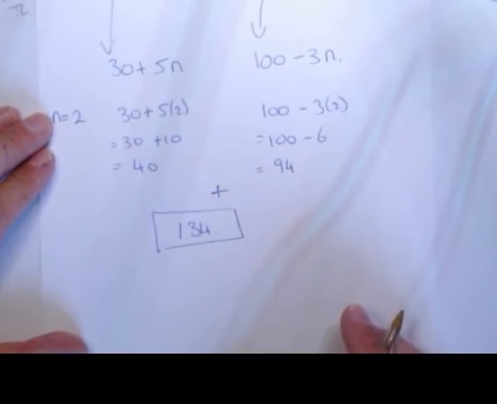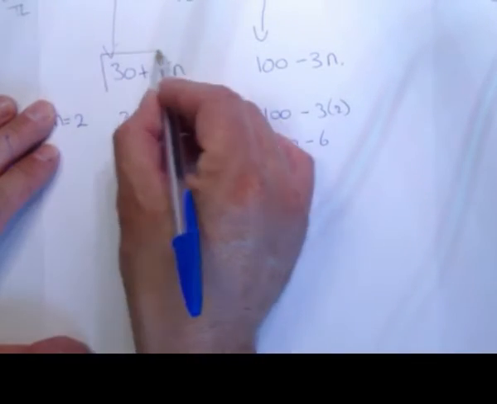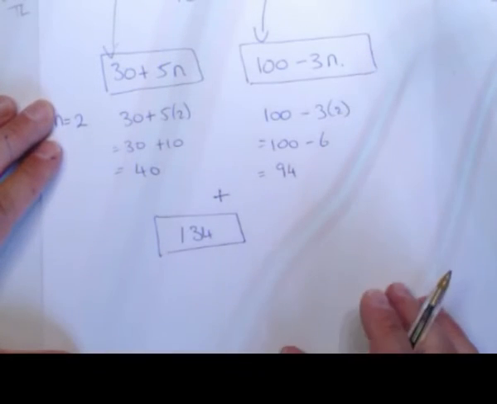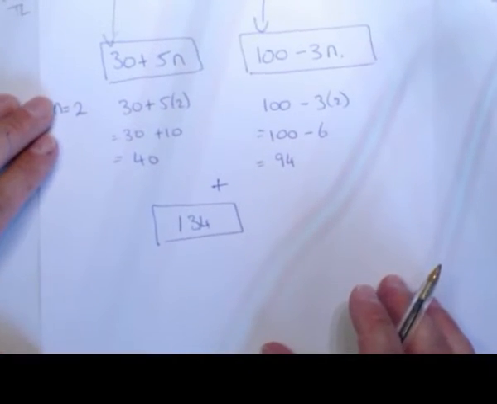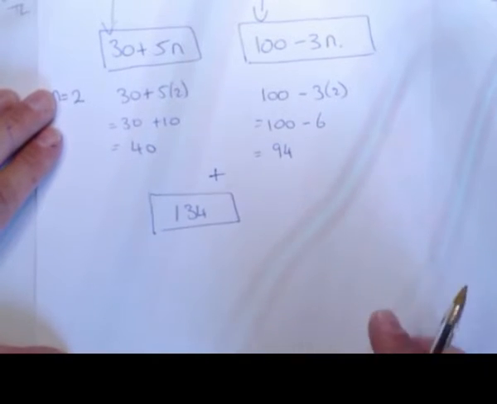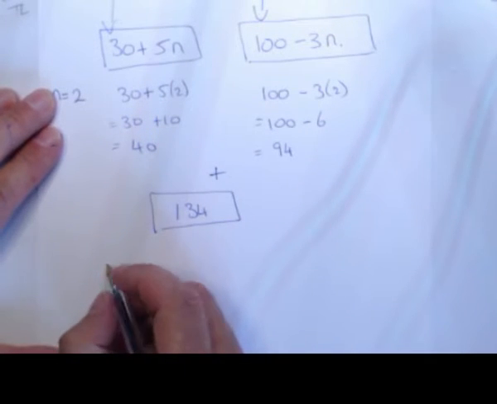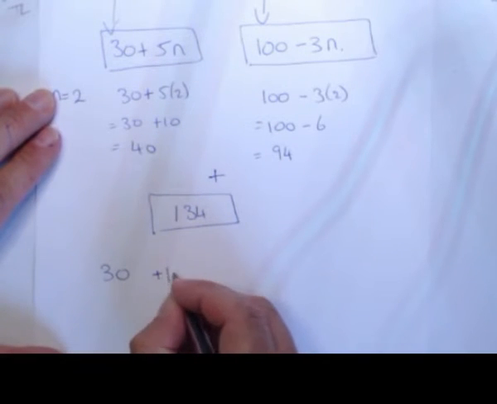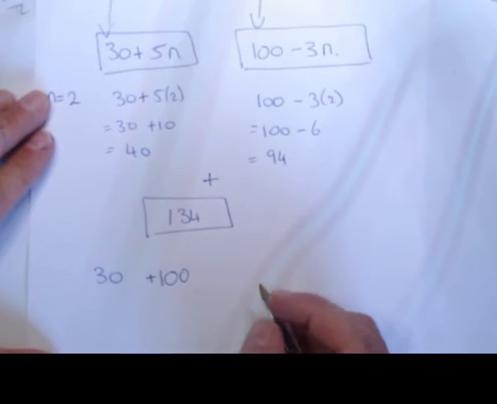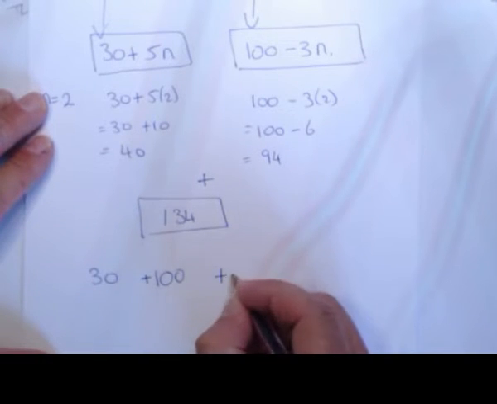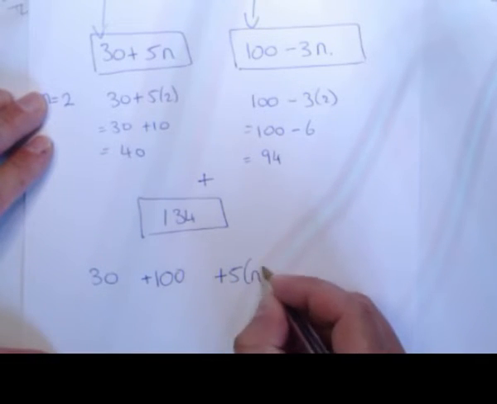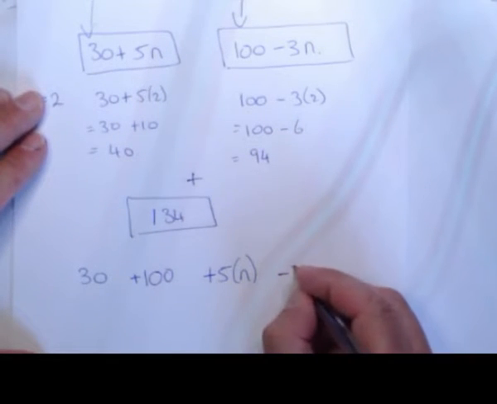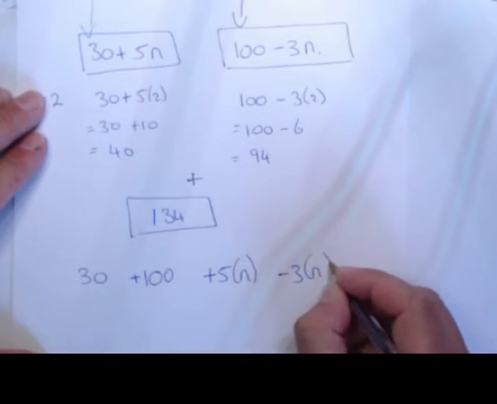What I want to do now though is to say what's an expression for how much money they have when they put their money together. And we can do that exactly the same way that we add numbers. So John starts off with €30 and Paul starts off with €100. John gains €5 every day for an unknown or variable number of days, and Paul loses €3 every day.